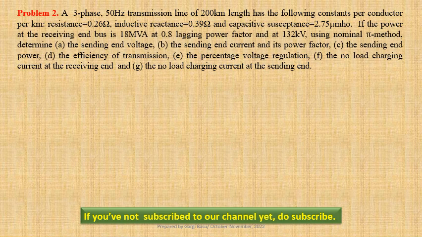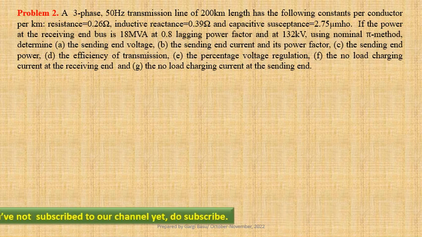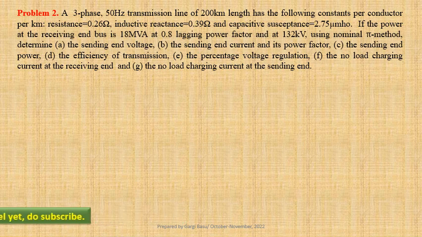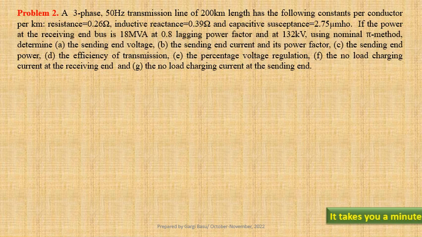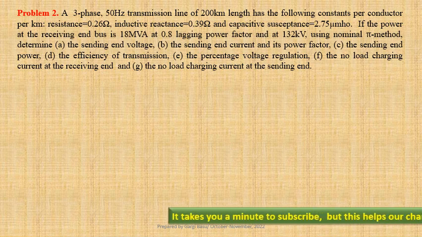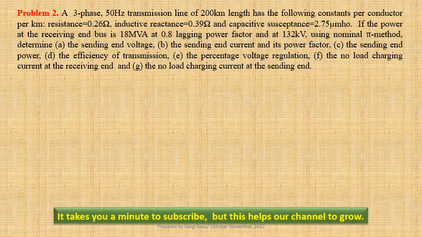If the power at the receiving end bus is 18 megavolt ampere at 0.8 lagging power factor and at 132 kilovolts, using nominal pi method, we have to compute the sending end voltage, the sending end current and its power factor, the sending end power, the efficiency of transmission, and the percentage voltage regulation.